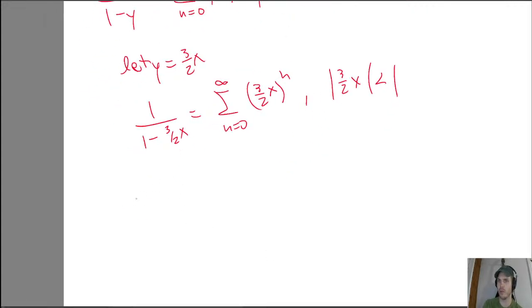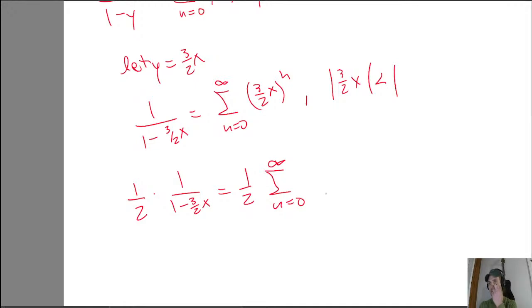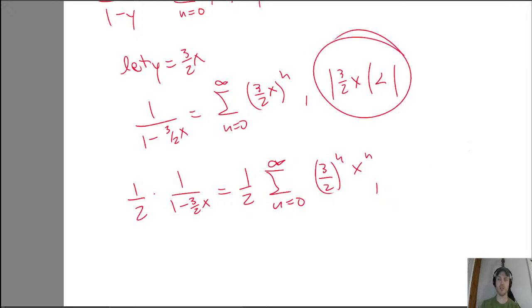So we get 1/2 times 1 over 1 minus 3/2 x equals 1/2 times the sum from n equals 0 to infinity, and this is going to be 3 over 2 to the n times x to the n, and so let's look at this absolute value expression.